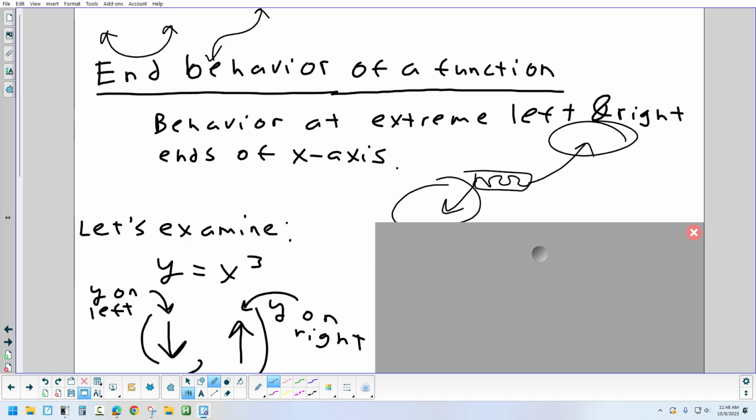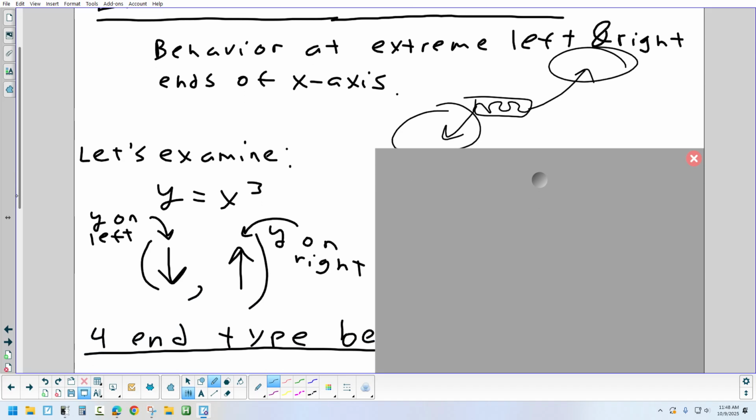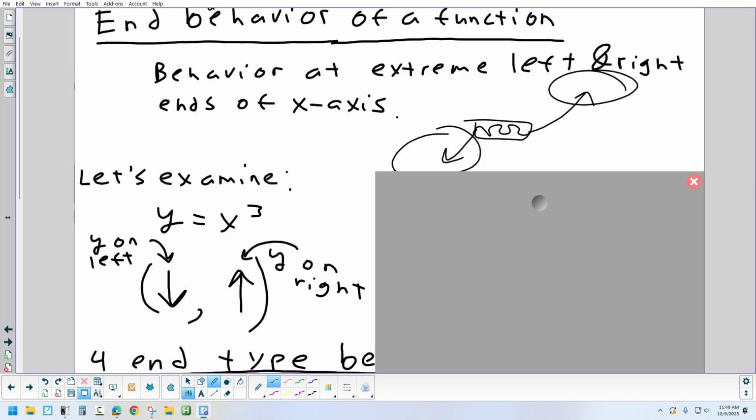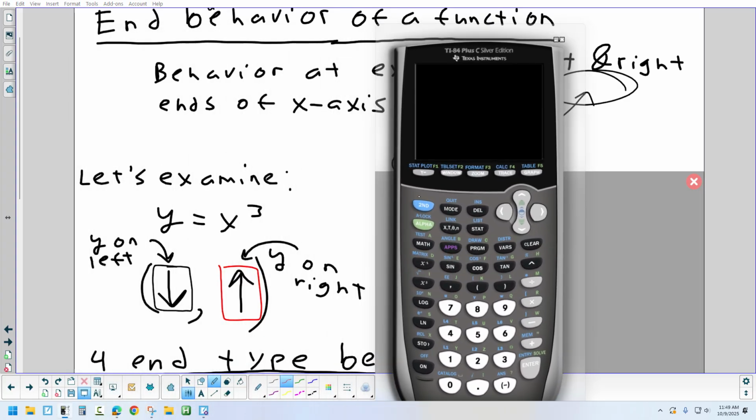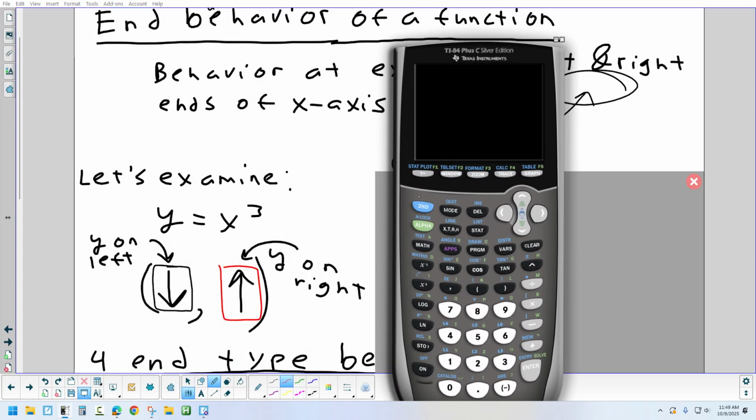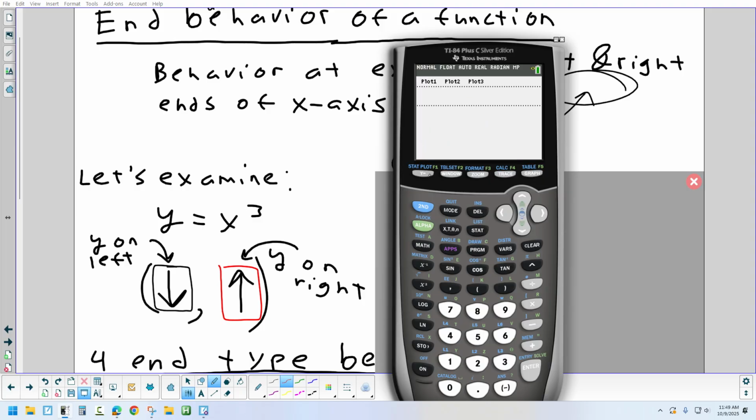So one way that we can describe end behavior is with arrows. This arrow describes what is happening on the left side of the function. This arrow describes what's happening to the y value on the right side of the function. So let me draw a picture that would go with those arrows.